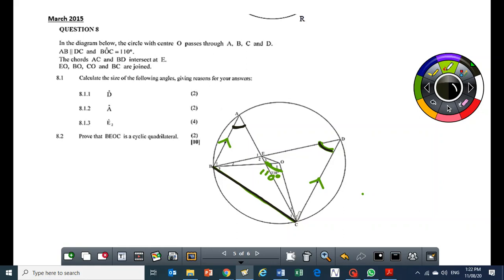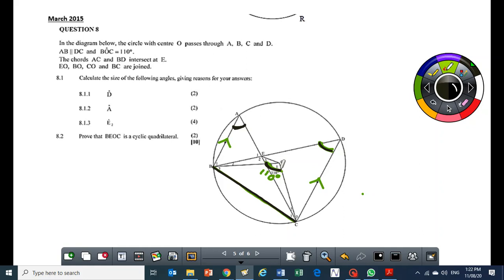We can also say that since this angle and that angle are both subtended by the same chord, and this angle is at the center, it means that angle A is a half of angle BOC. But I'm going to use theorem 4.